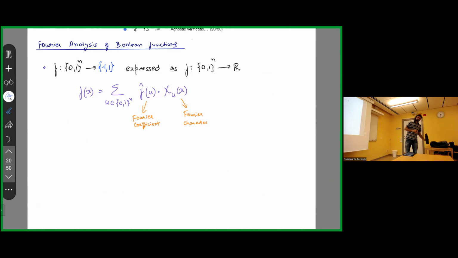And you express this as a function over the reals as follows, where f(x) is, for every u in {0,1}^n, you express it as f-hat(u) times chi_u(x), where chi_u(x) is -1 to the dot product of u and x.